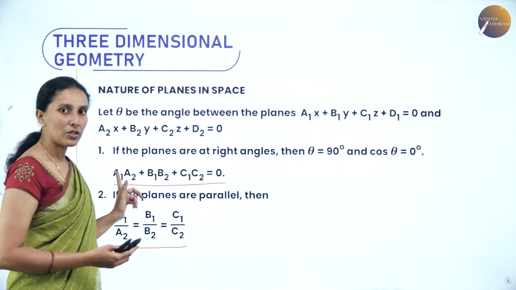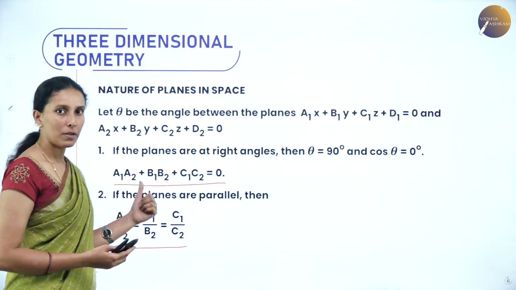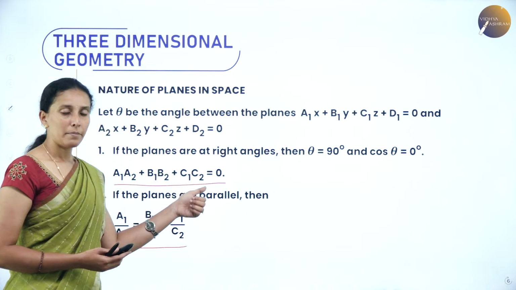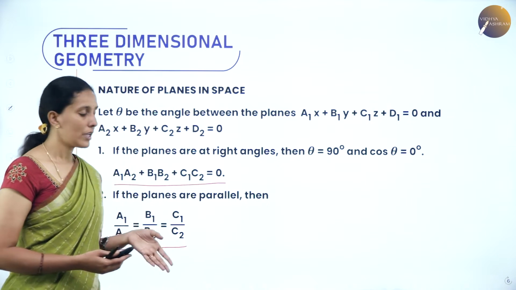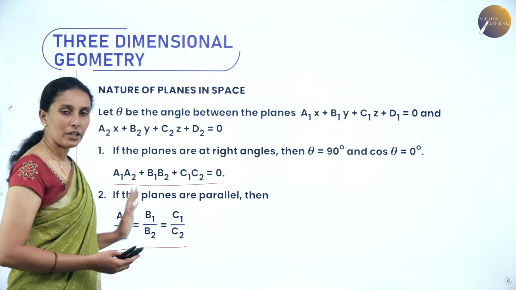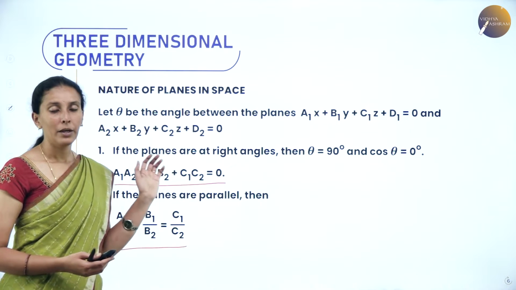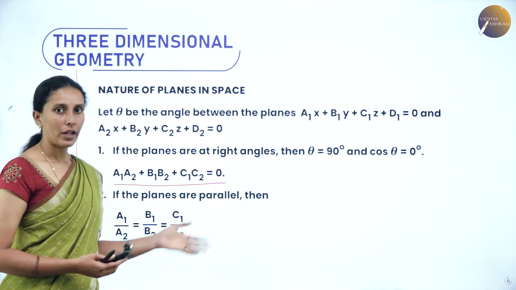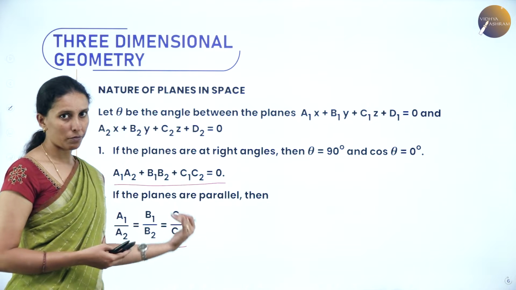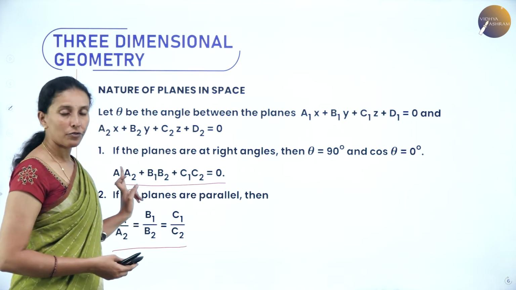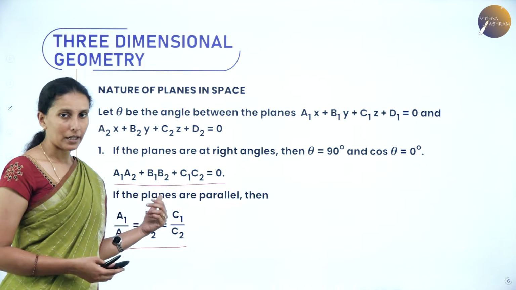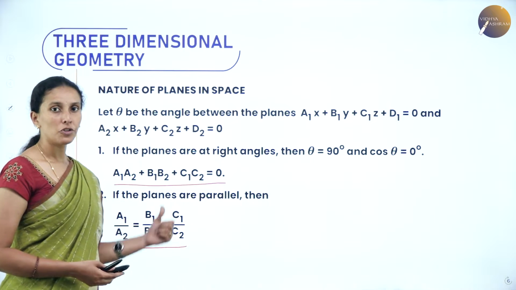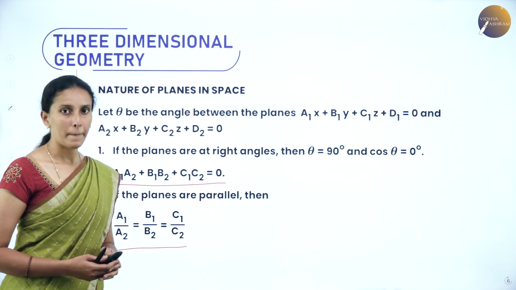In case of lines, we have written a1a2 plus b1b2 plus c1c2 is equal to 0, where a1, a2, a3 represent their direction ratios, and here the same a1 by b1, a2 by b2, a3 by b3. So, when they are proportional, they are parallel. Similarly, in the case of planes also, if the dot product of the normals is 0, then it is at right angle, that is, they are perpendicular. If their corresponding ratios are in proportion, then they are parallel.